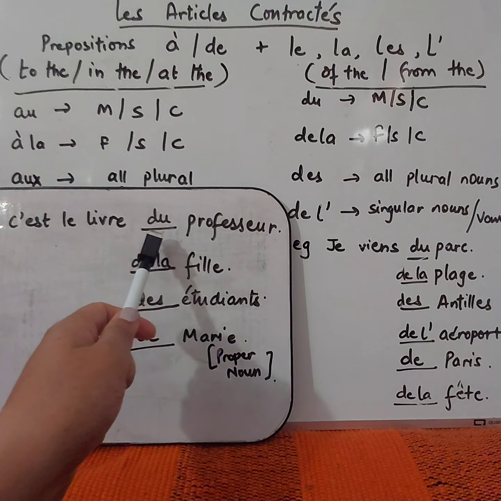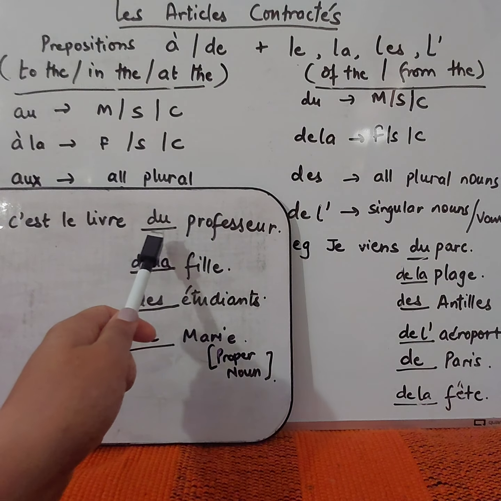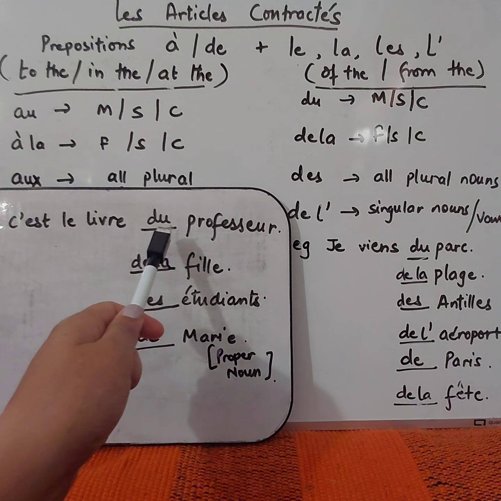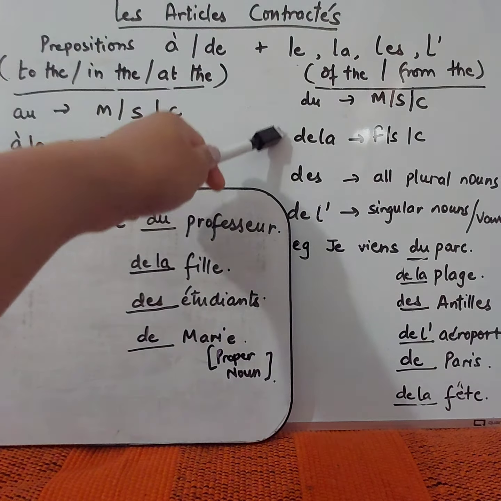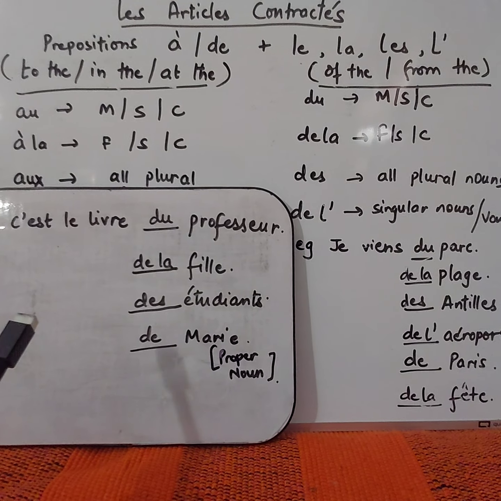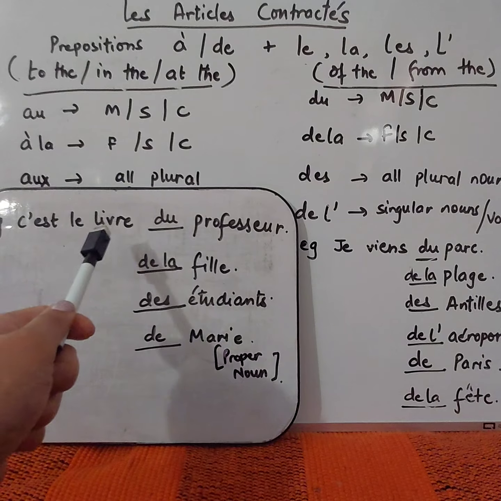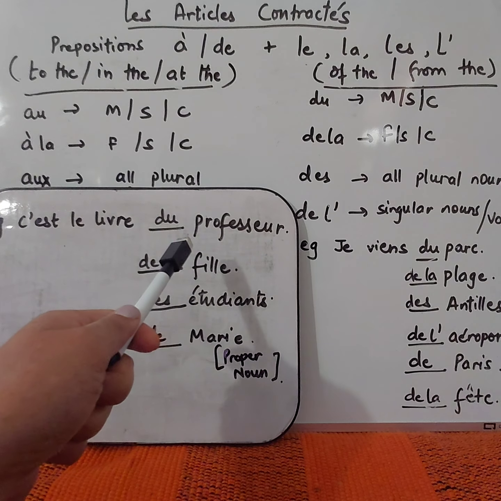Now here, what article do I need to fill? I am filling "of the", right? So which category do we take when I have to write "of the"? For writing "of the", again we take this category, du, de la, des, l'apostrophe, right? So I have to say c'est le livre du professeur. That means this is the book of the teacher, right?